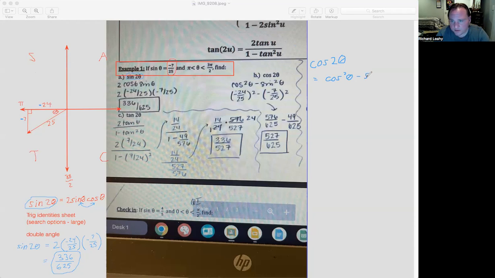And the way you choose which one you work with, you see what you have and what's going to be the easiest. This one has a cosine and sine. All right, so we're going to use that. Remember that if you have a square here, it really means cosine theta with the squared on the outside, just short form. Okay, so we're going to take the cosine, which we found before, and we're going to square that.